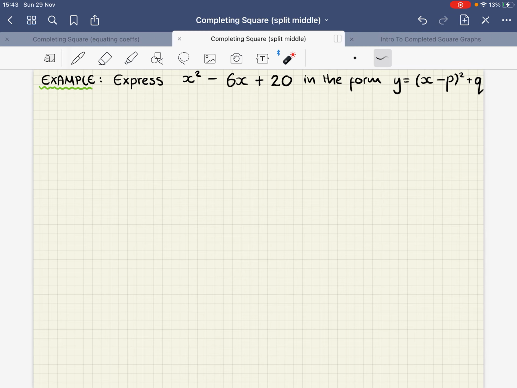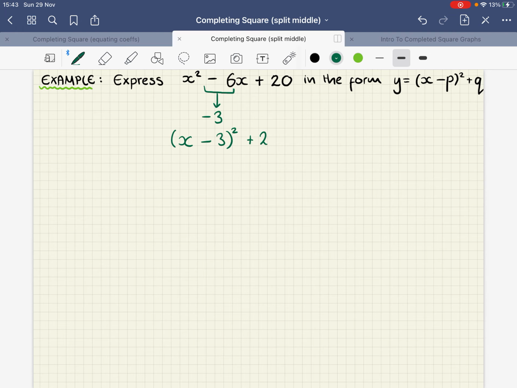So let's take a look at another question. So here I've got x squared minus 6x plus 20. So same idea. I look at that middle term, bring it down and half it. Then inside the bracket, I'm going to have x, then -3, because I take that -3 from above, squared.